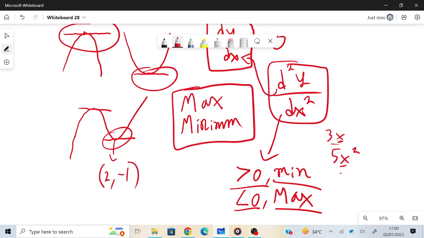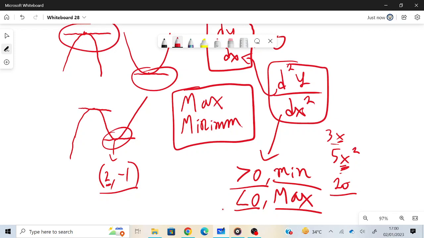You would substitute this 2 over here. And doing that, we know that that would be 5 times 4, because 2 squared is 4, and 5 times 4 is 20, and hence, in this example, this would be a minimum point. (2, -1) would be a minimum point, because its second derivative, when x is substituted, is giving you a value greater than 0.